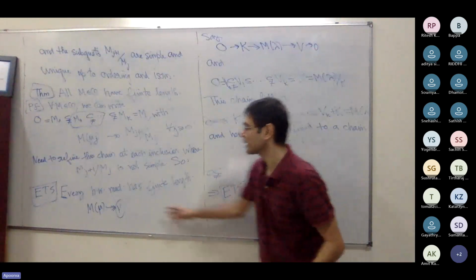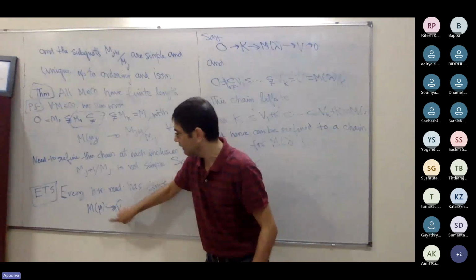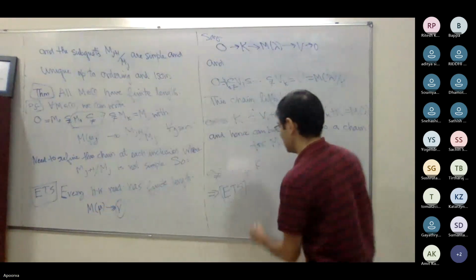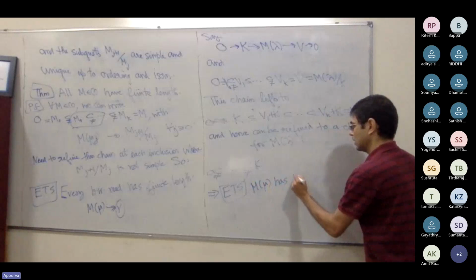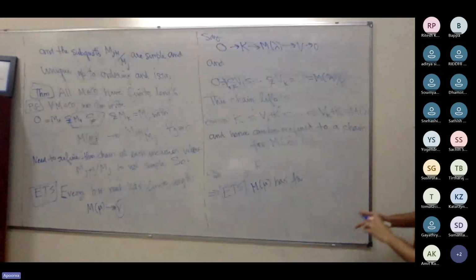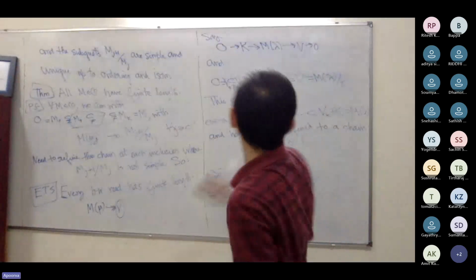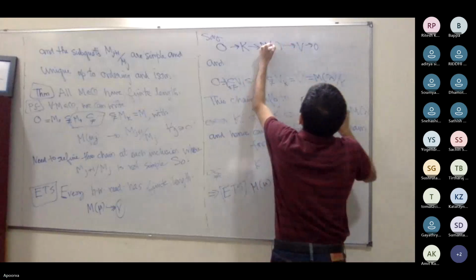So we will show the stronger statement rather than for every highest weight module. We will just show it for the largest highest weight, m mu, has finite length. Sorry, I keep saying lambda, but I thought there was a mu. Suddenly I changed lambda, mu to lambda.